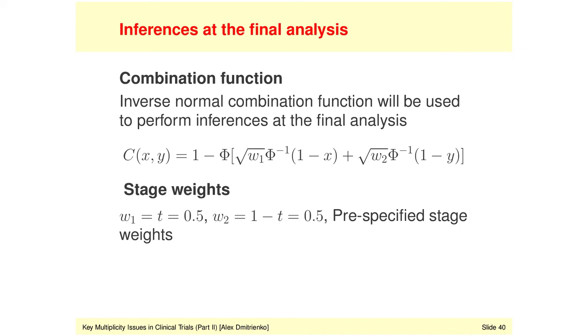The formula for the inverse normal combination function is shown on the slide, and this formula depends, as we have said before, on the predefined stage-wise weights denoted by W1 and W2, and these weights simply depend on the pre-specified information fraction. In this case, if the information fraction is equal to 0.5, then W1 will be equal to 0.5 and W2 will be equal to 0.5 as well.